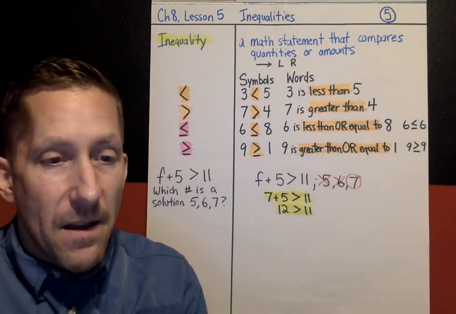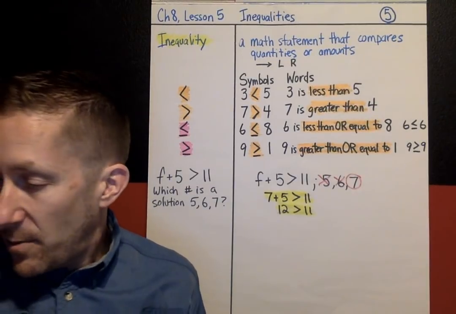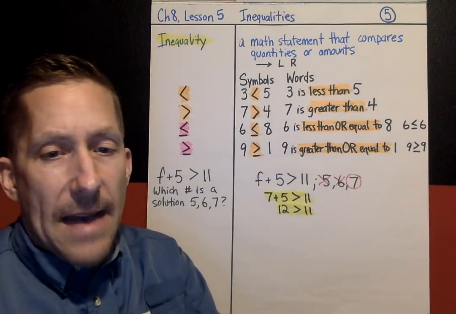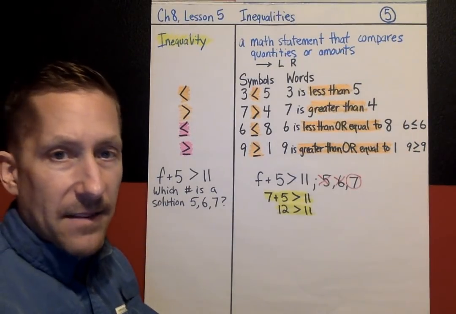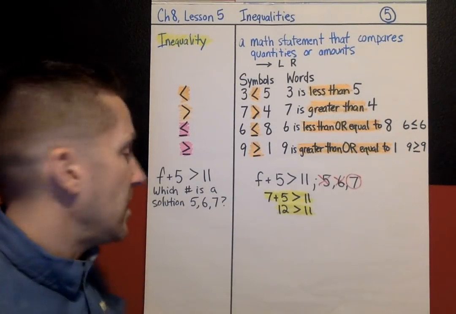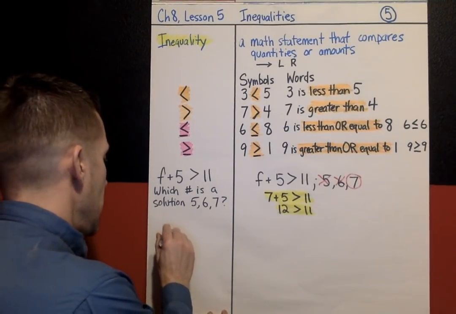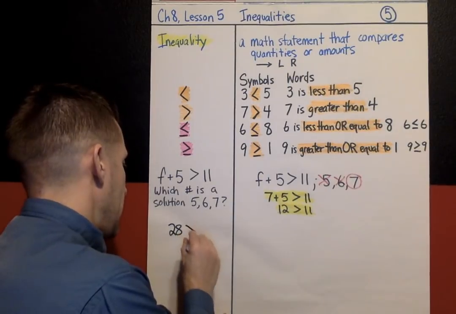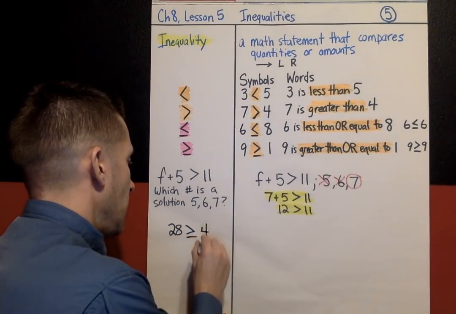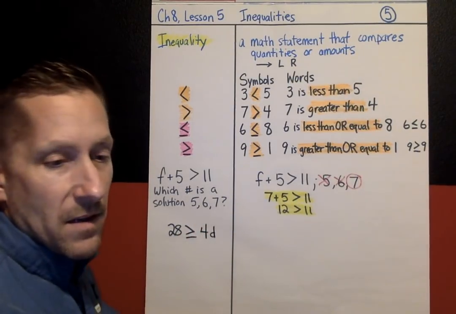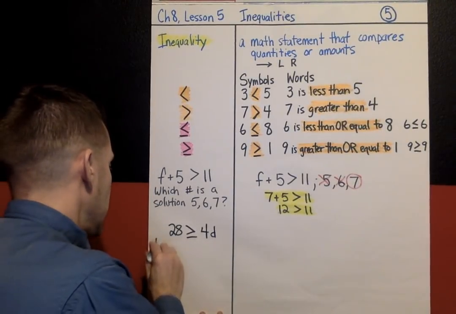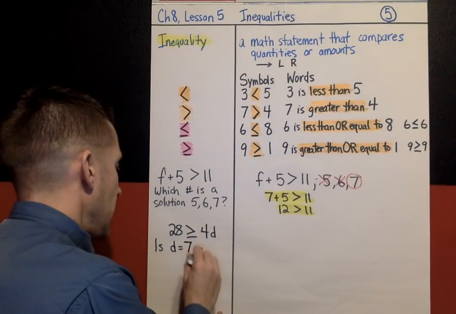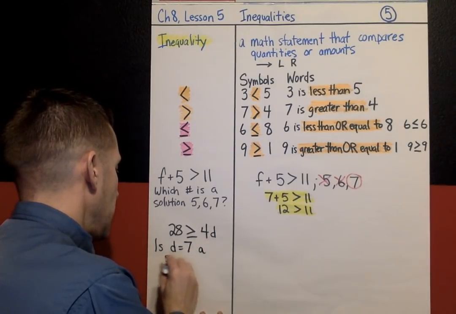Okay, another type of practice you will do today is something like this. Asking about a specific number if that's a solution to an inequality. So here's another inequality. 28 is greater than or equal to 4D. And is D equal to 7 a solution?